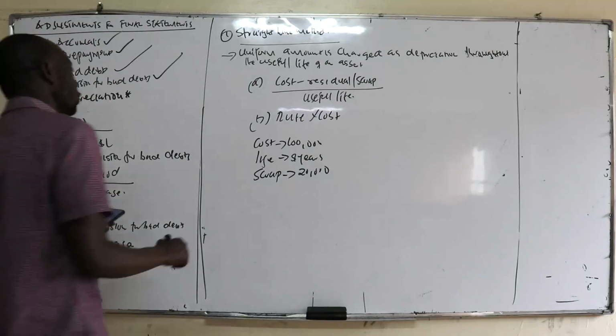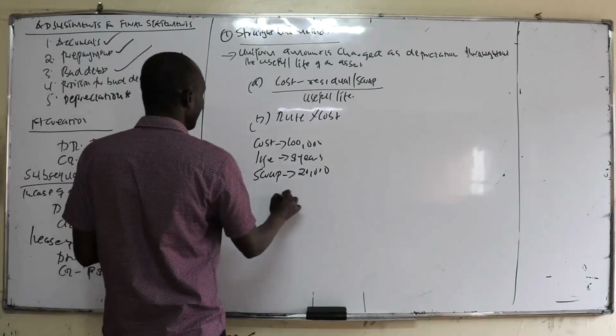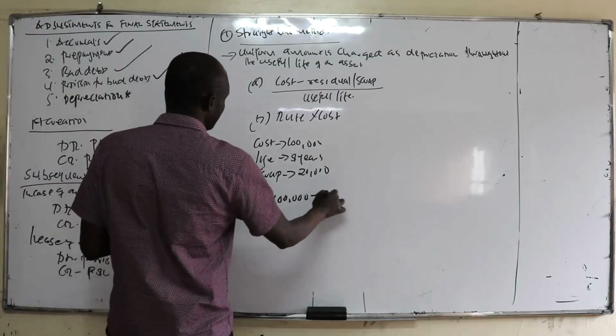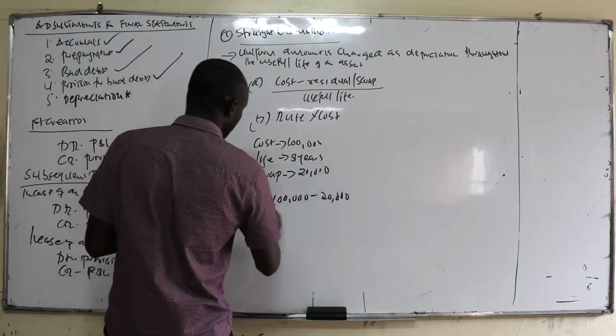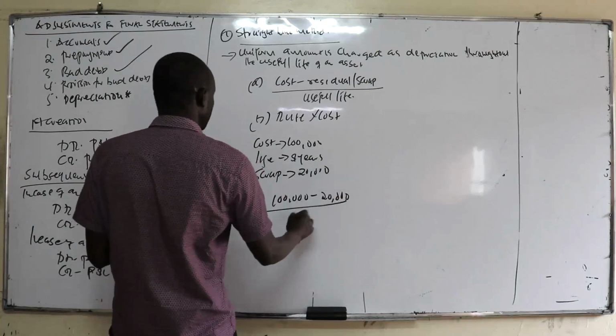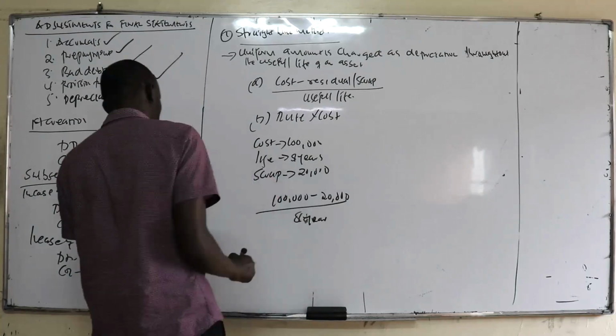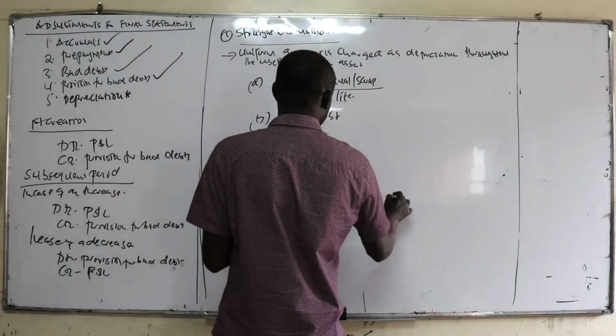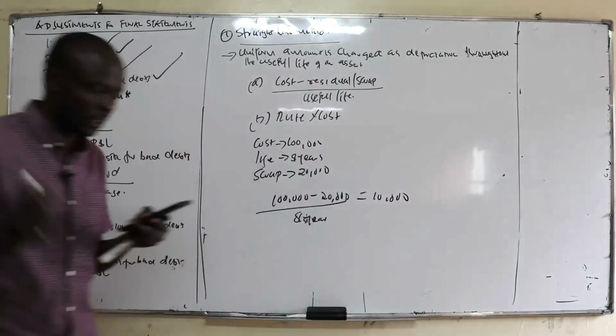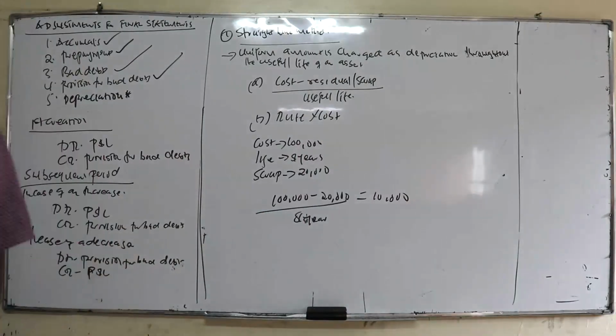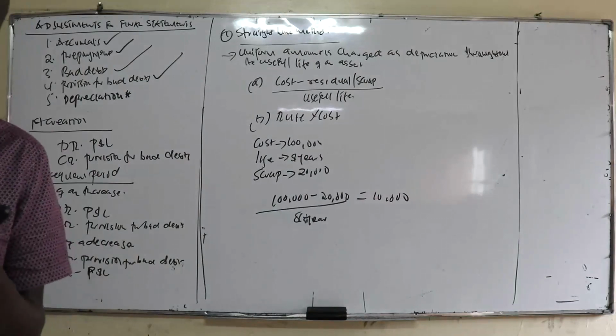So here you're going to write the cost, which is 100,000, minus the scrap value, which is 20,000, over life, which is 8 years. So you get 10,000 every year for 8 years. You're going to be charging depreciation as 10,000 every year for 8 years.